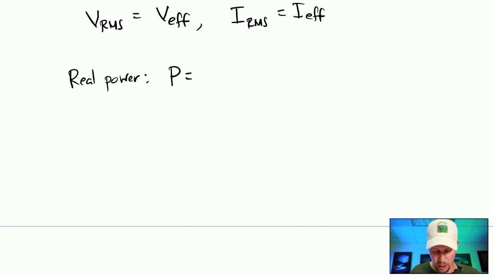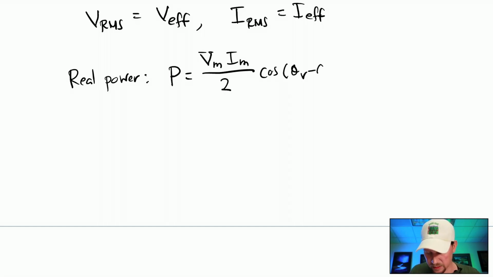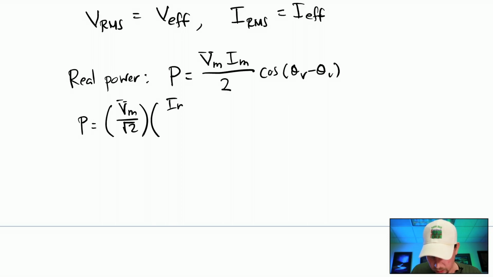Remember that the real power itself is the amplitude of the voltage times the amplitude of the current divided by 2 times the cosine of theta v minus theta I, in other words, the power factor. Notice that I can rewrite this thing as Vm divided by the square root of 2, times Im divided by the square root of 2, times the cosine of theta v minus theta I.